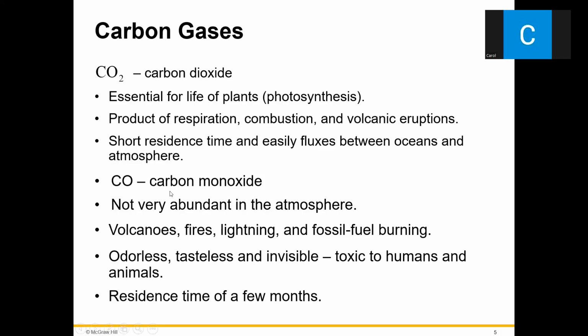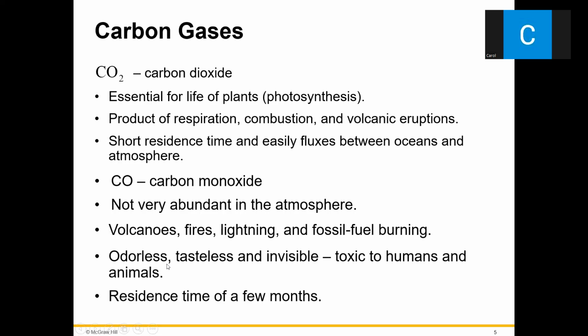Then there's carbon monoxide, and this is not very common, which is good because it's poisonous to us. It takes the place of oxygen in the hemoglobin in your blood, and so it's essentially carbon monoxide poisoning. You can die from it.